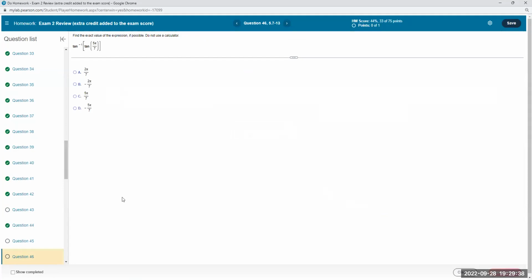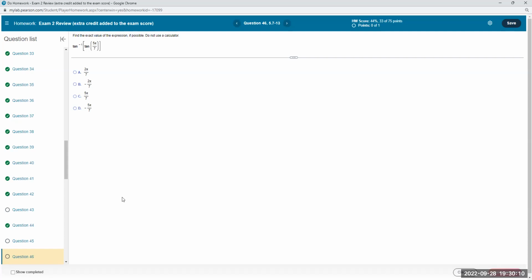All right, let's take a look at these now. We want to find the exact value of the expression. If possible, do not use a calculator. Normally when you take tangent inverse of tangent, they sort of cancel each other out, but there's the problem that tangent inverse is not really the inverse of tangent; it's the inverse of the tangent that we created by restricting the domain.